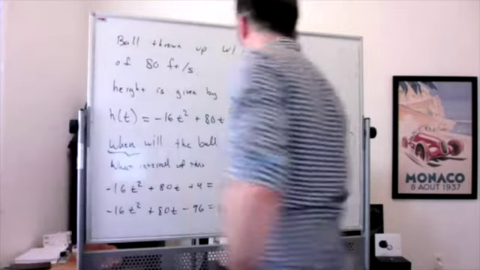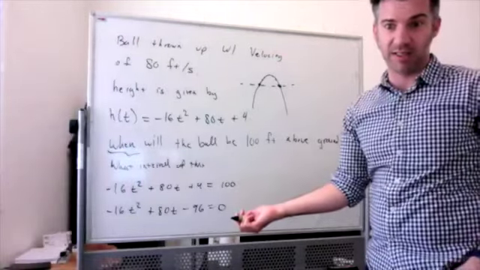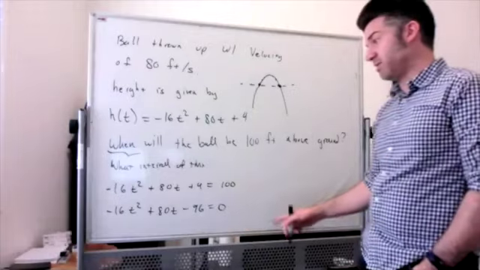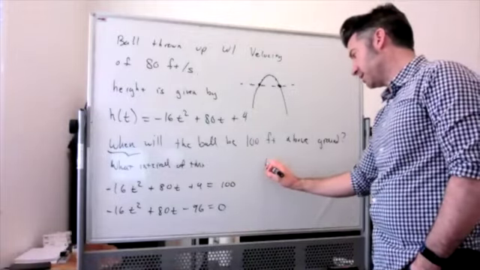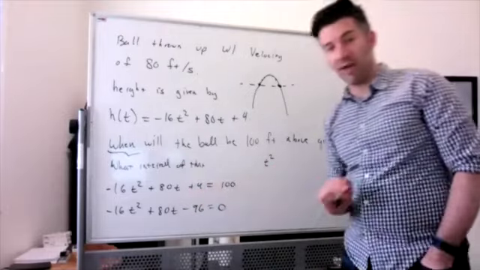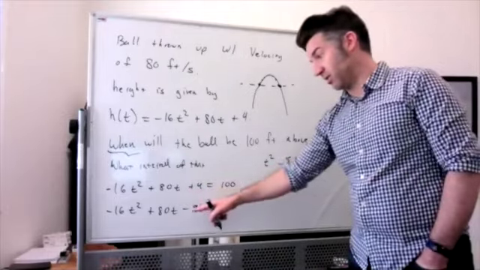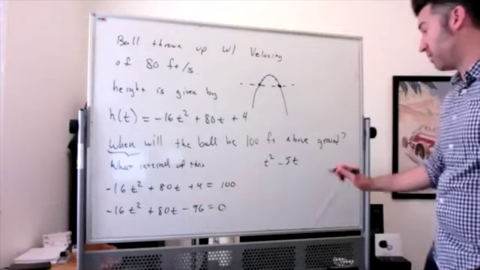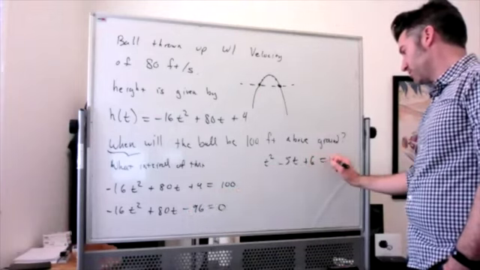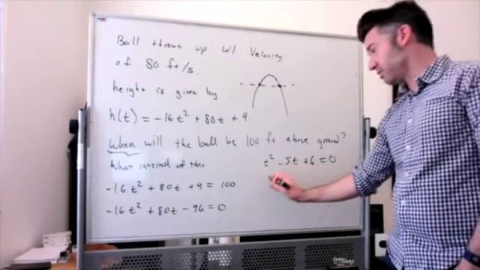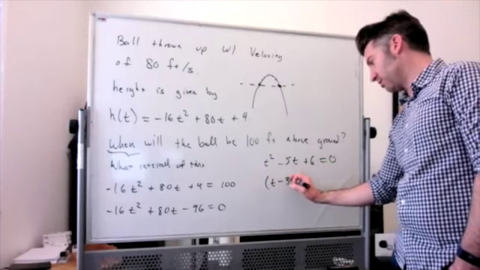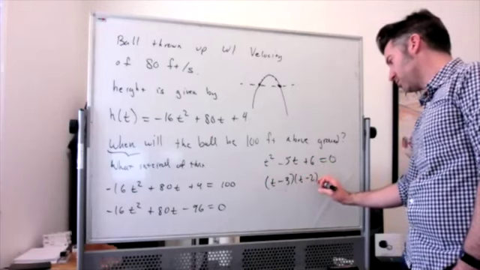So I'm going to factor out a negative 16, or really divide by negative 16, which is probably nicer. So dividing both sides by negative 16, I get t squared. 80 divided by negative 16 is negative 5. And negative 96 divided by negative 16 is positive 6. This factors as t minus 3 times t minus 2.